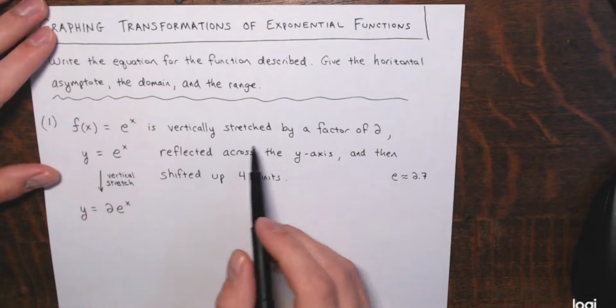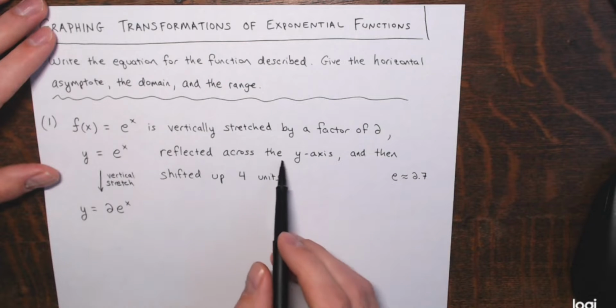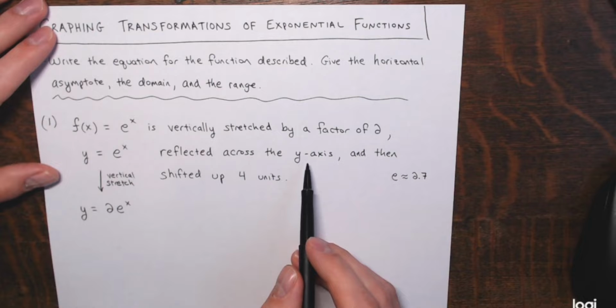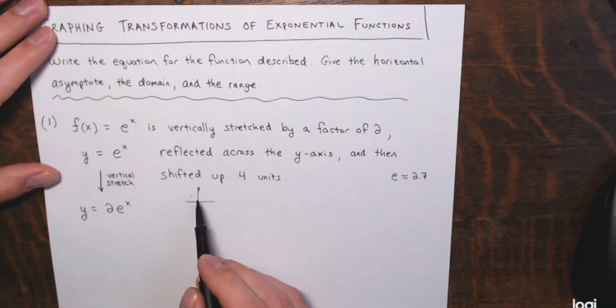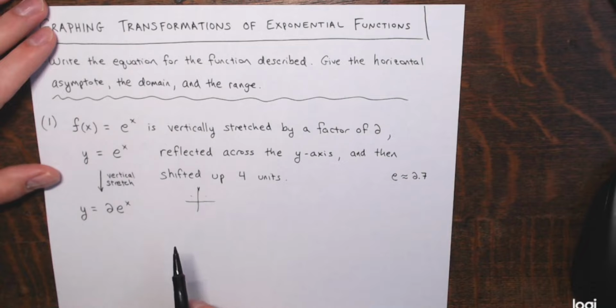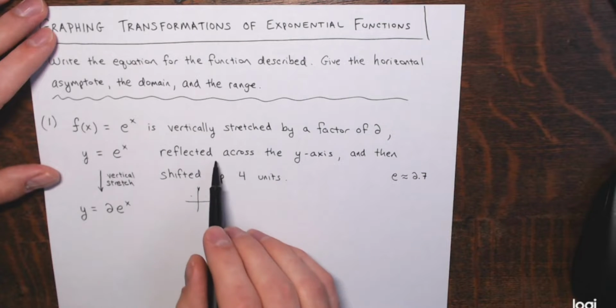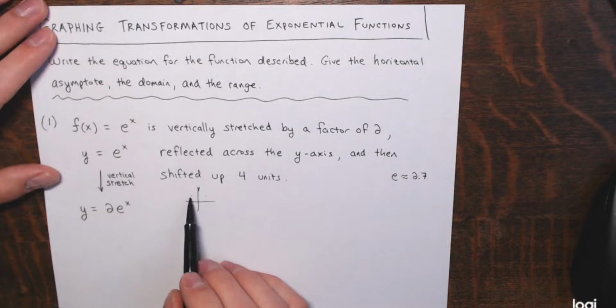Then we're asked to reflect across the y-axis. Now remember, reflecting across the y-axis, going back and forth across the y-axis, that's a horizontal transformation. And whenever you are performing a horizontal transformation, you're just replacing the x's, you're just replacing the inputs. And to cause a reflection across the y-axis, you replace x with the opposite of x.